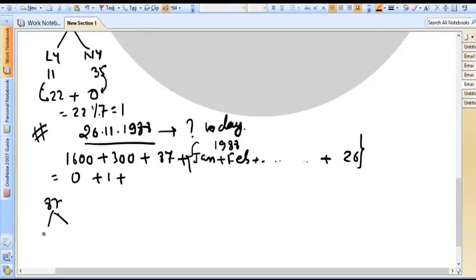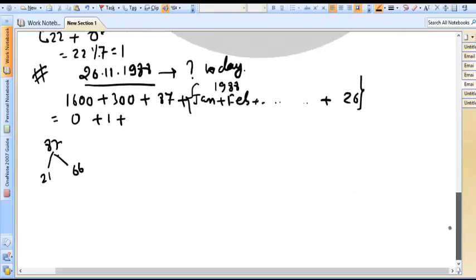Now 87 years I'll find out in rough. 87 years will have 4 twos and 4 ones, I'll have 66 days. 66 will be my normal years, and this will be the leap years. So this will have 42. This will remain 66. Again I'll divide it by 7. This will become 7.